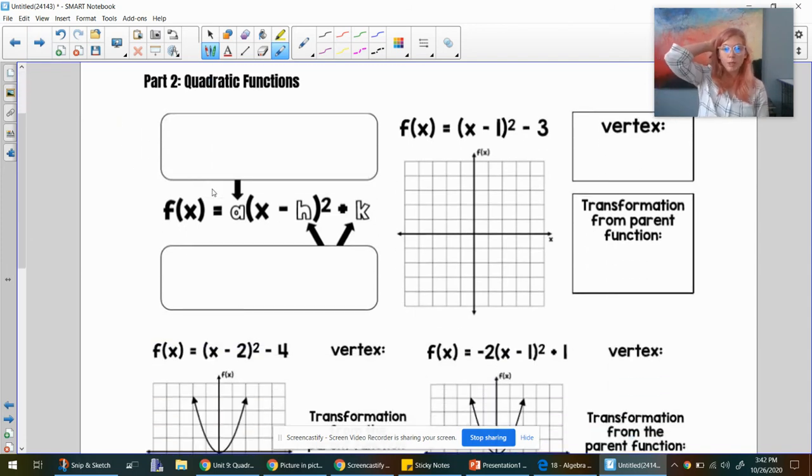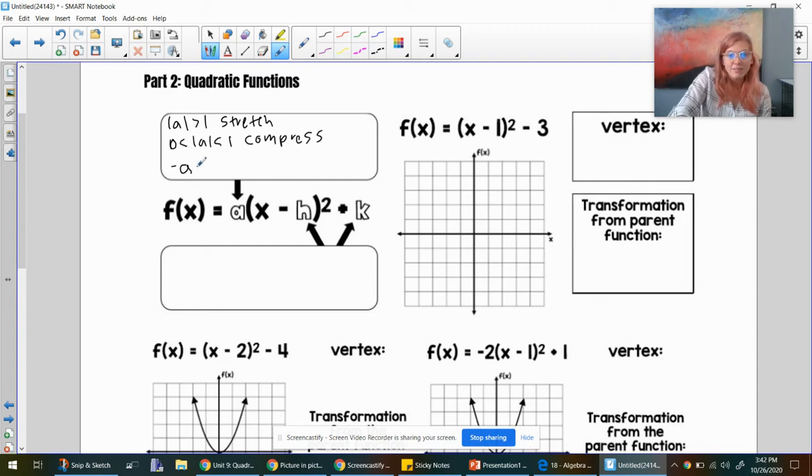So with our quadratic functions, everything works in the exact same way. If the absolute value of a is greater than 1, it's a stretch. If the absolute value of a is between 0 and 1, so it's a fraction or a decimal, it compresses.